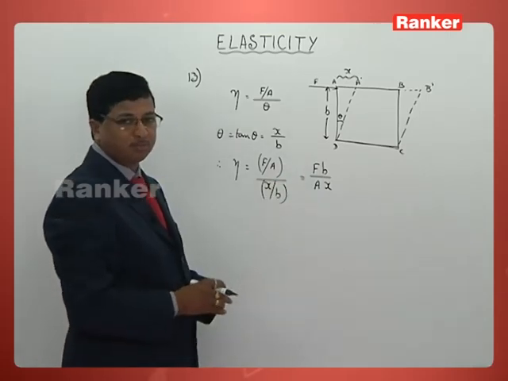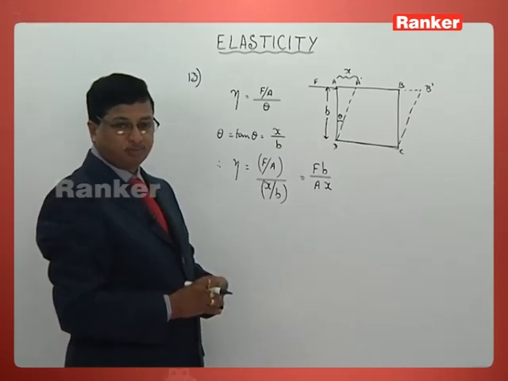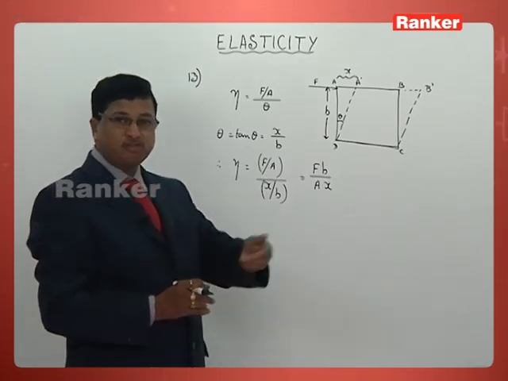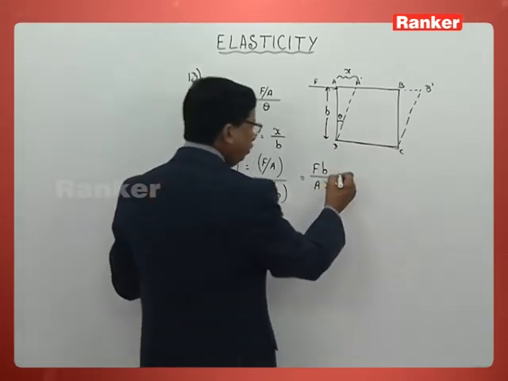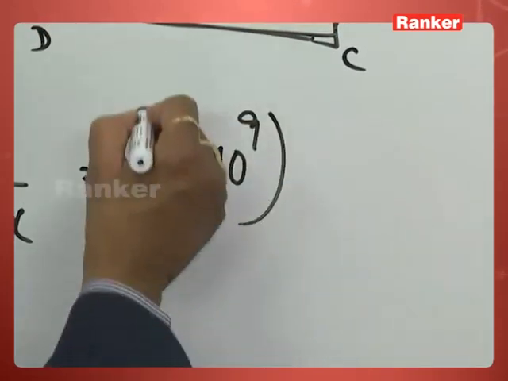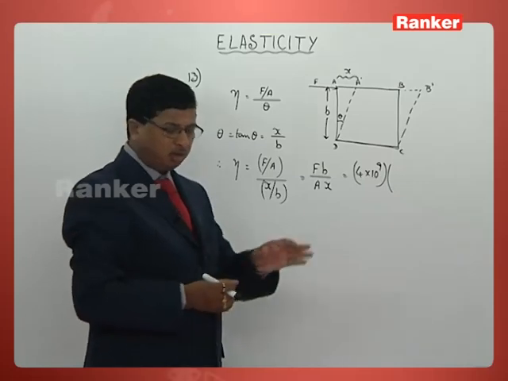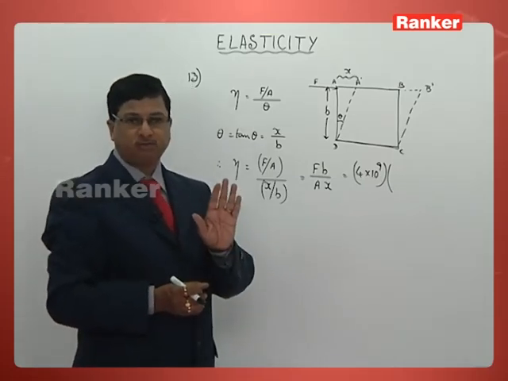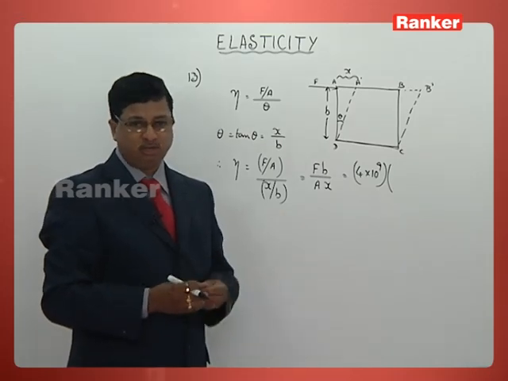That is the concept. What are the values given? You look at first. What amount of tangential force has been applied? 4 into 10 power 9 Newton. He gave 4 into 10 power 9. Into the breadth, it is after all a cube. All the four sides are going to have the same dimensions. We know that very well. So length and breadth are equal here.